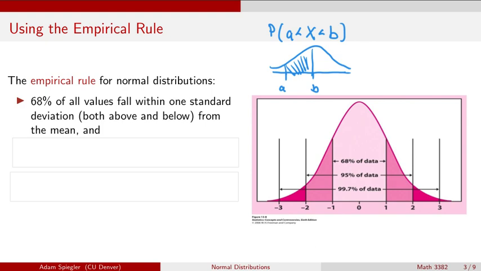Normal distributions are continuous random variables. And as we've seen with other continuous random variables, if I want to calculate the probability that random variable x is between a and b, then we need to take a look at the PDF of the random variable, and calculate the area under the corresponding PDF between a and b.